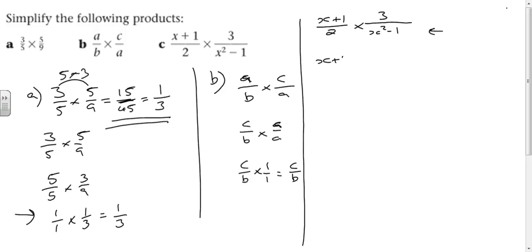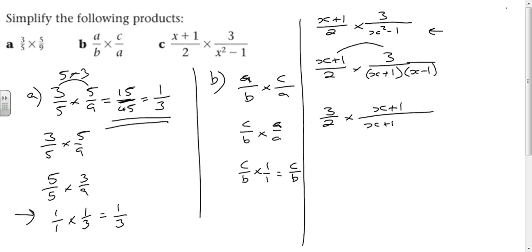So that's going to be x plus 1 over 2 times by 3 over x plus 1 times by x minus 1. So what we can do is swap the things over. So we've got 3 over 2 times by x plus 1 over x plus 1, x minus 1.